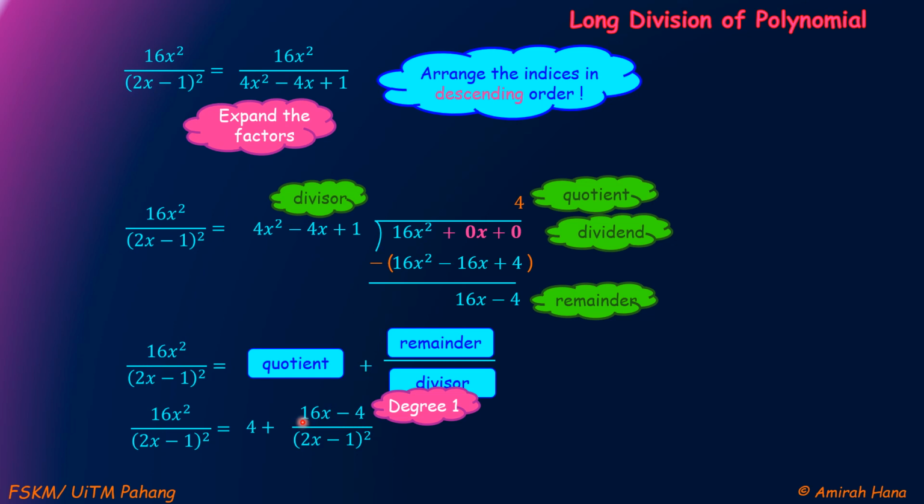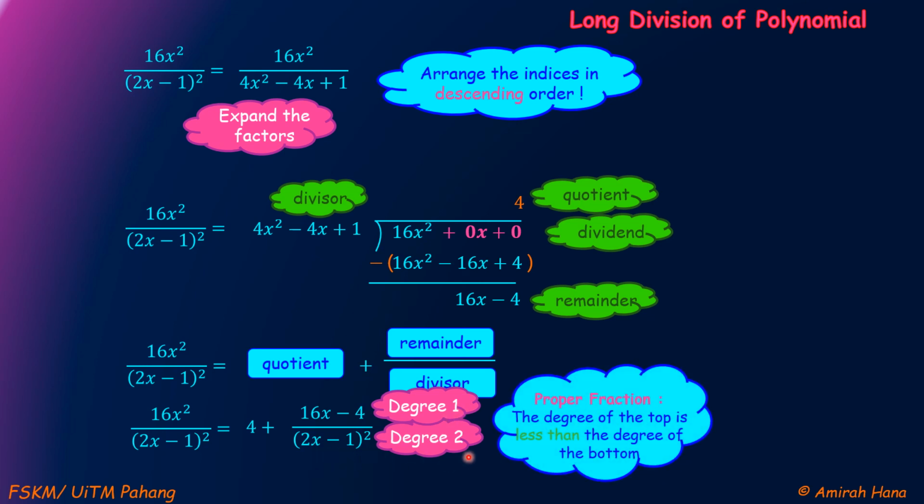From here, now we have the numerator in degree 1 and the denominator in degree 2. So now this is called a proper fraction because the degree of the top is less than the degree of the bottom. After we get a proper fraction, we can express it as a sum of partial fractions before we integrate.